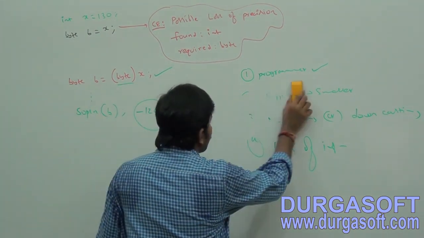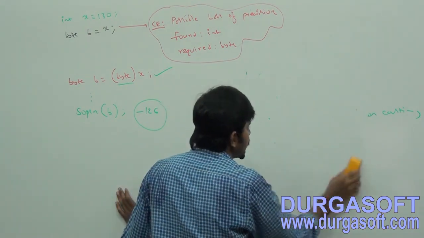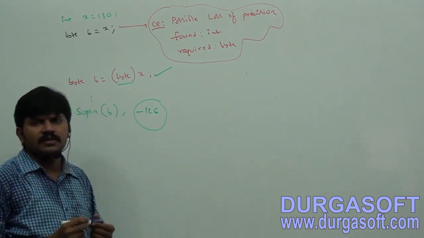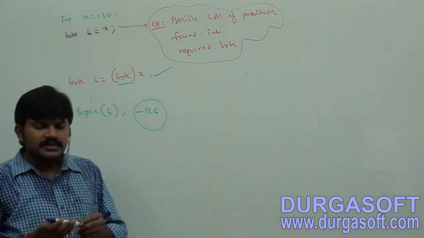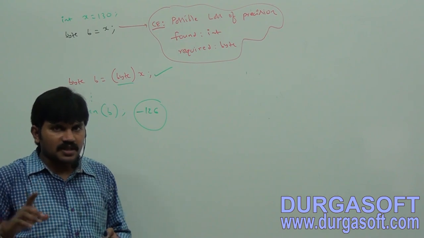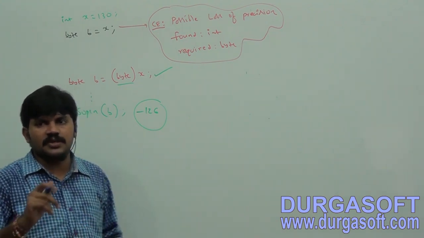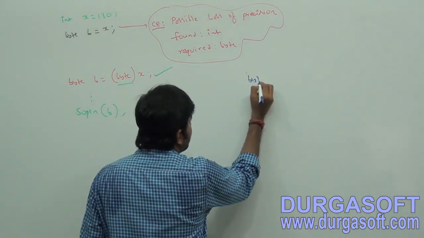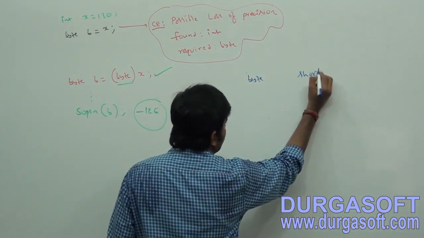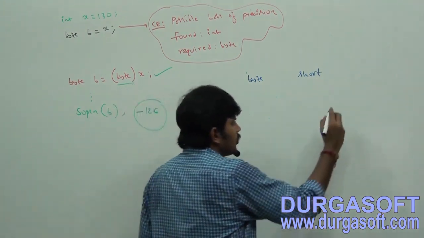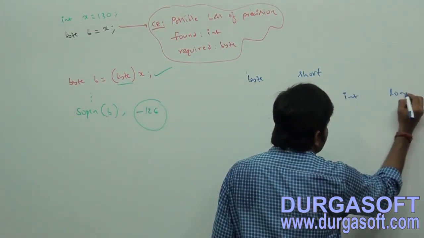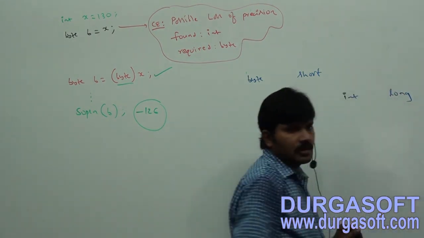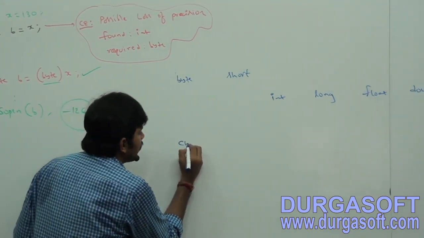Now observe this one. What are the various cases where explicit typecasting is required? We have byte, short, int, long, and again byte, short, int, long, float, double, and here char is also there.